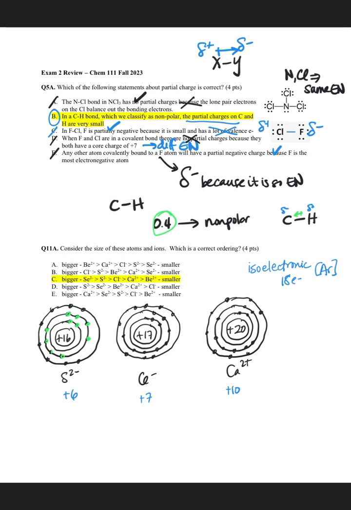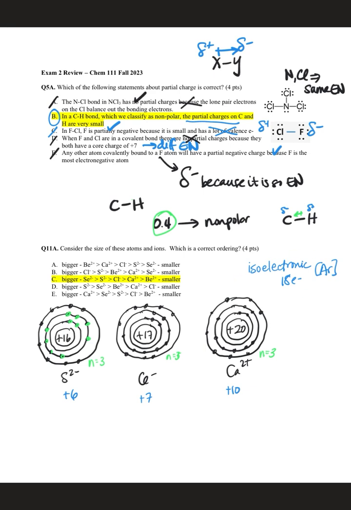Notice that in this case also, all of these have an n = 3 valence shell. Calcium normally is in the n = 4, but it's lost 2 electrons. And so now its valence electrons are in the n = 3. So if we were just to compare the size of these three, what we would say is they all have the same number of electrons, or isoelectronic.